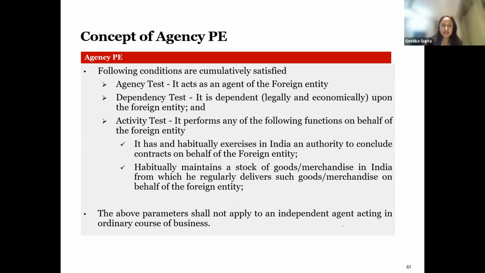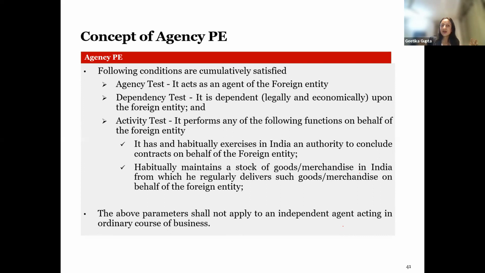So this is the concept of agency PE, and believe me, practically it is being used a lot. Day in, day out, there are allegations that the Indian subsidiary should be construed as a dependent agent PE, because it is undertaking certain activities, much more than what it should be doing. In those cases where there is such an allegation, it is very important to understand the concept of PE, whether I'm an agent.